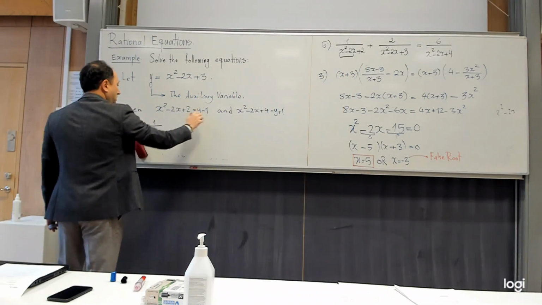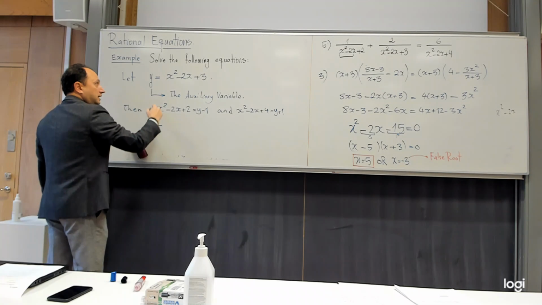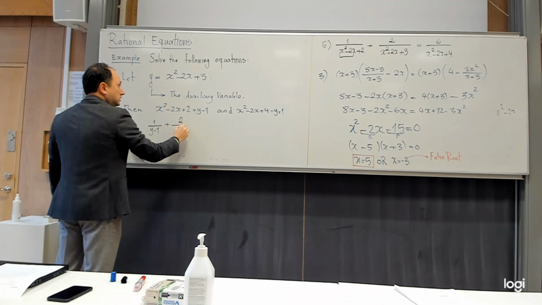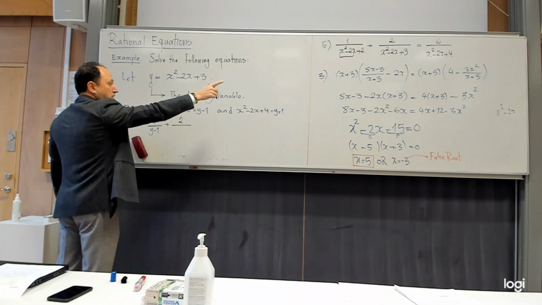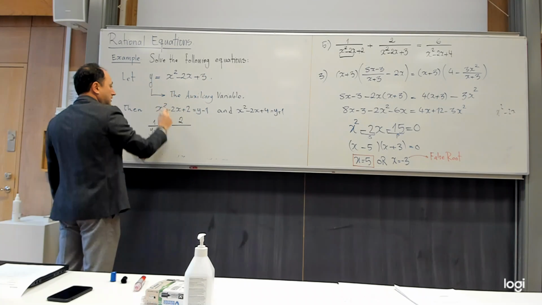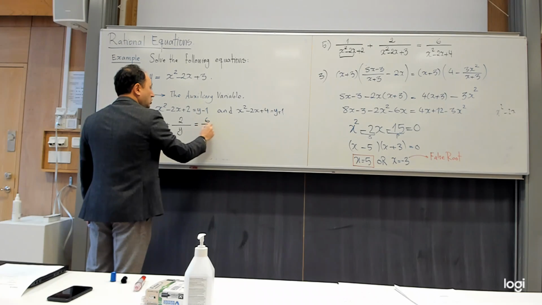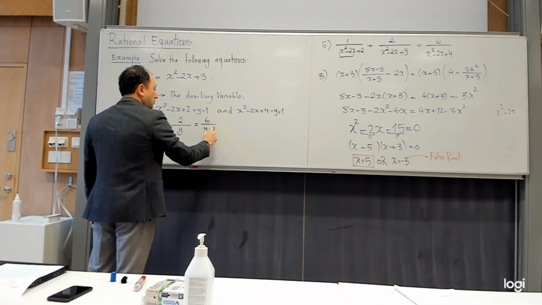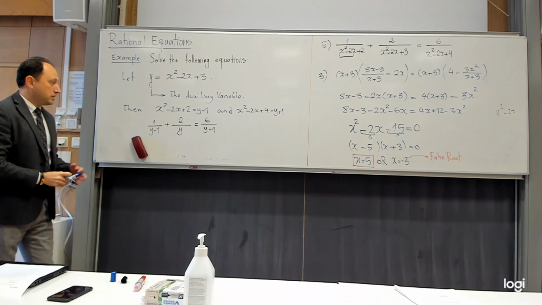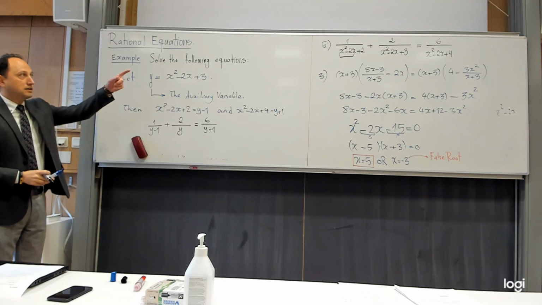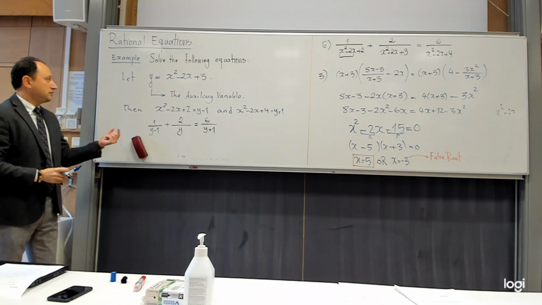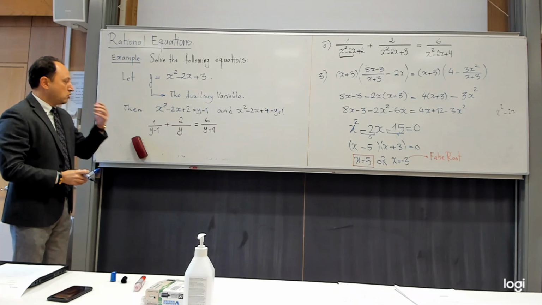I can write y minus 1, and then plus 2. x squared minus 2x plus 3 is just y, and on the right hand side it becomes 6 over y plus 1. Agree?